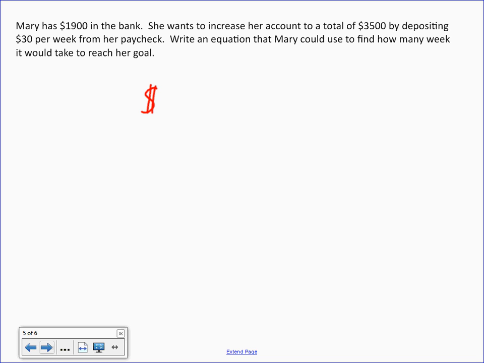We start at $1,900. She's going to be adding in her account. How much is she going to add in? $30 per week, not $30 once.